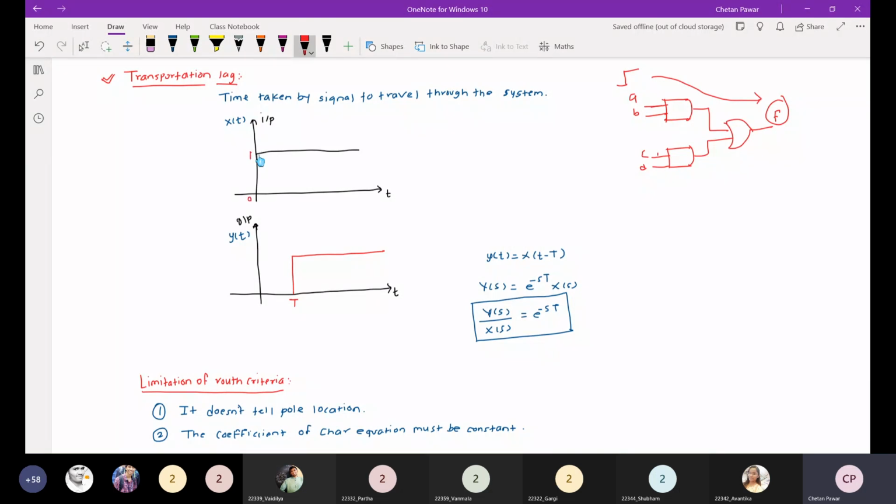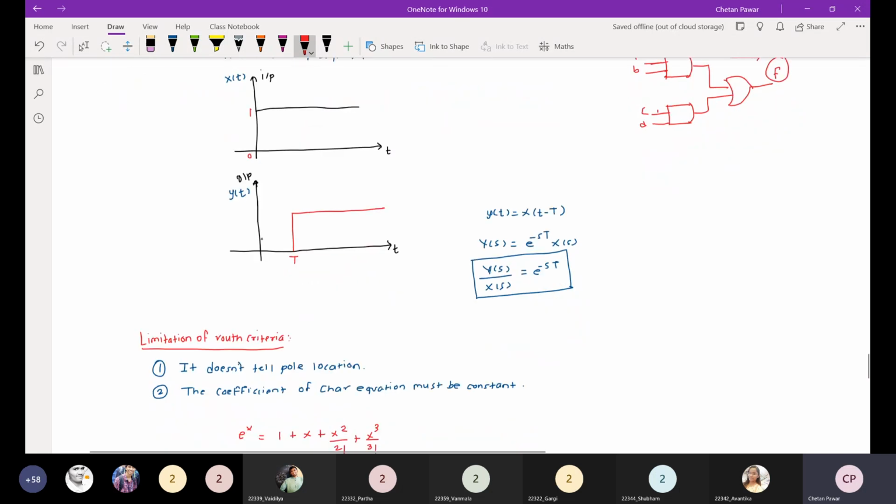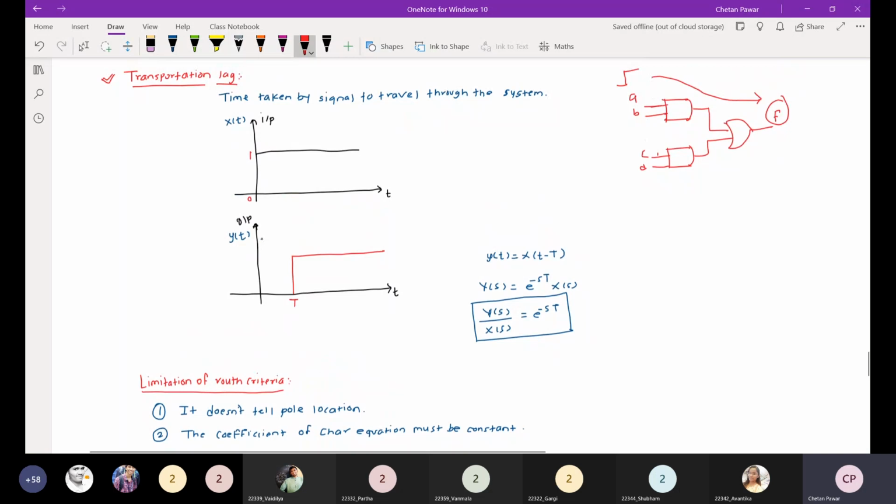There is an instant change from 0 to 1, but that change will not get reflected instantaneously at the output side. It will take some time to reflect that change. Here we consider that time as capital T, and this time T is called the transportation lag.